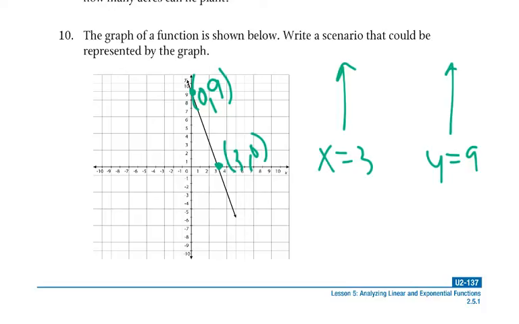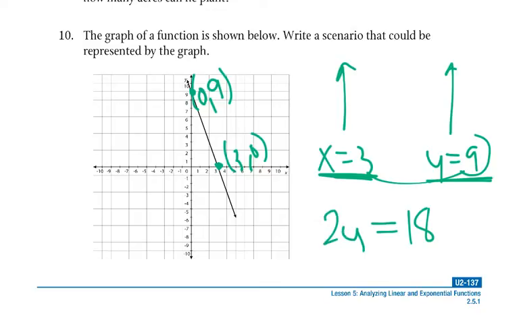So think about it. X has to come down to 3 and y has to come down to 9. 3 can go into 9, right? So what's something that 9 could go into? Maybe 18. So in order for y to equal 9, you'd have to have 2y, right? Because 9 times 2 is 18, and 3 is times 6, so you'd have 6x.